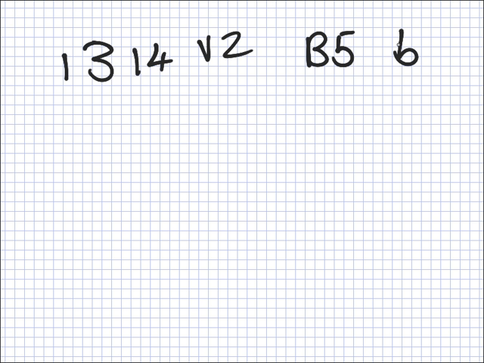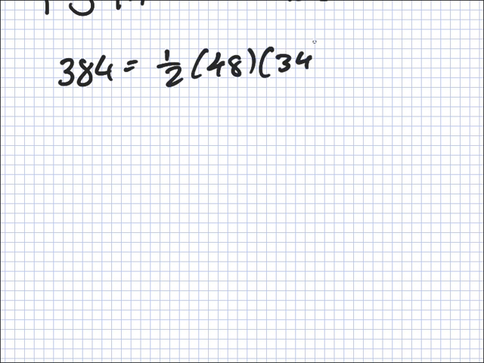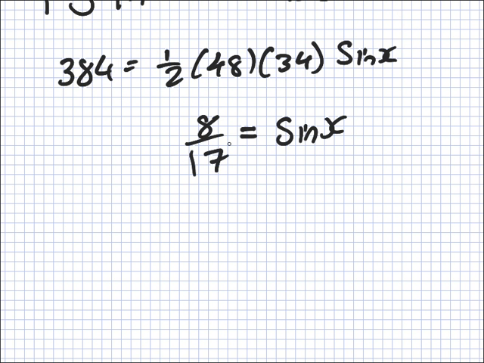Find sine X. I will use the formula area is equal to a half times 48 times 34 times sine X. When you rearrange this for sine X, your fraction simplifies to 8 over 17.